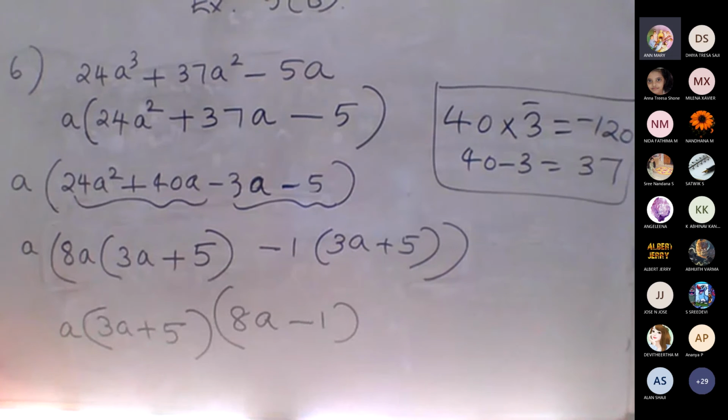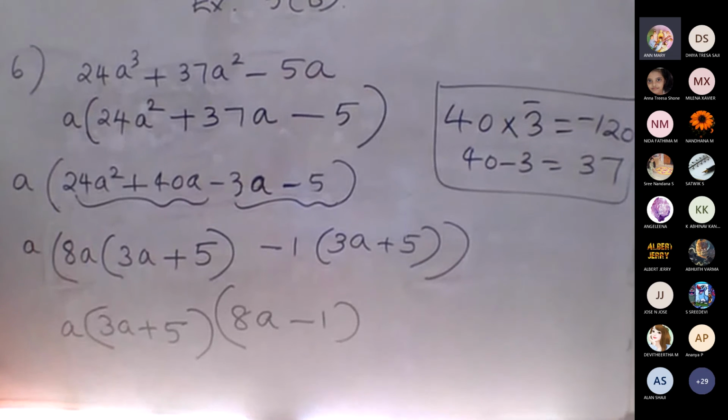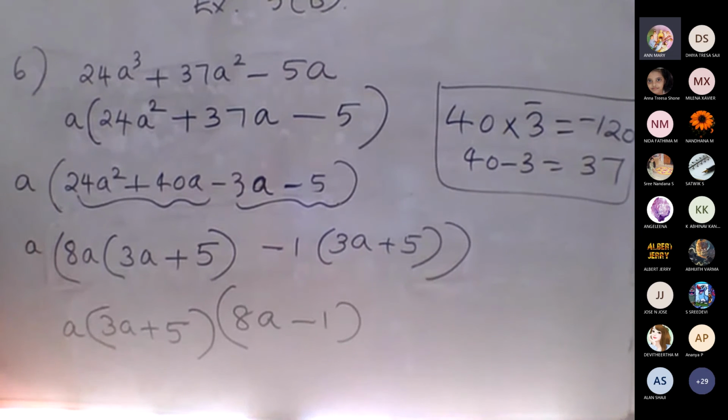After completing, start doing next question number 7. 7th is easy. Anyway, splitting the middle term means we have to get it in quadratic equation form. We don't want power 1 or power 3 or power 4.